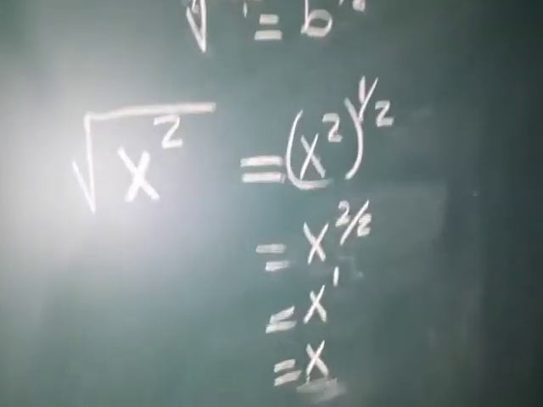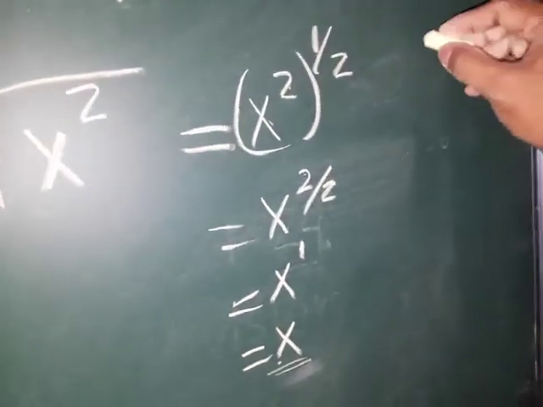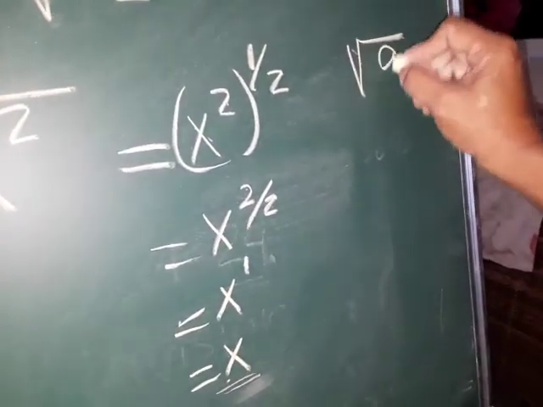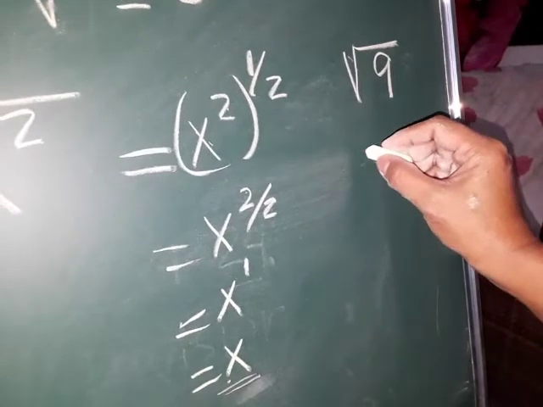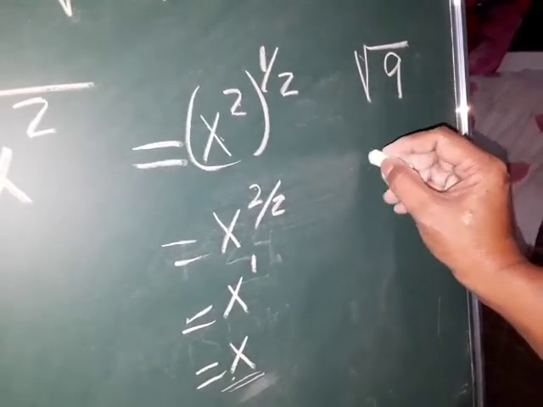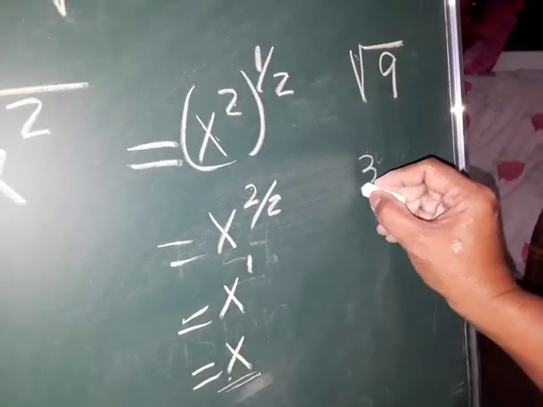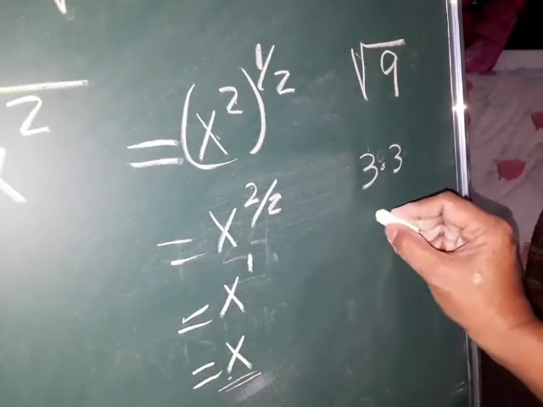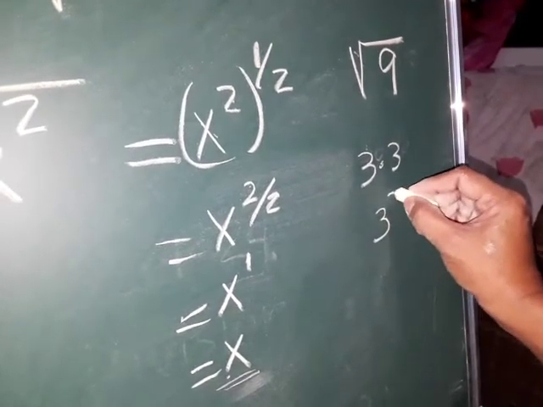How about 9? The same. When we say square root of 9, we can write 9 in a factor way. That is 3 times 3 or 3 squared.